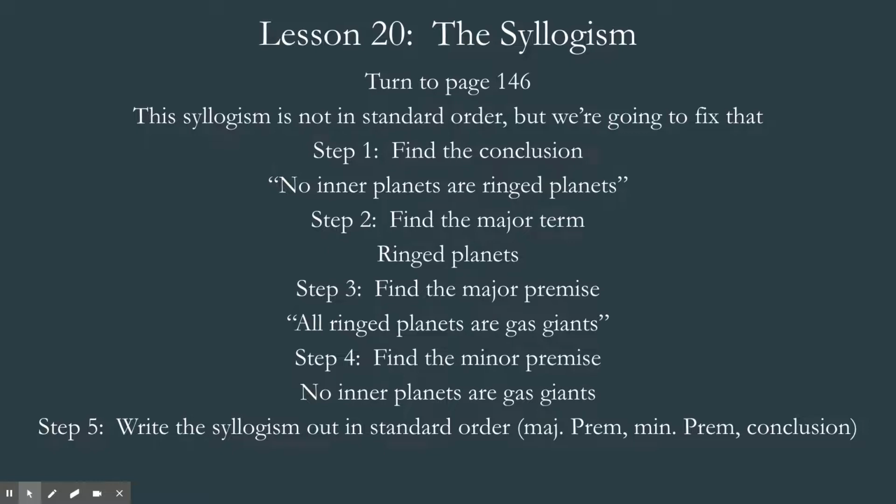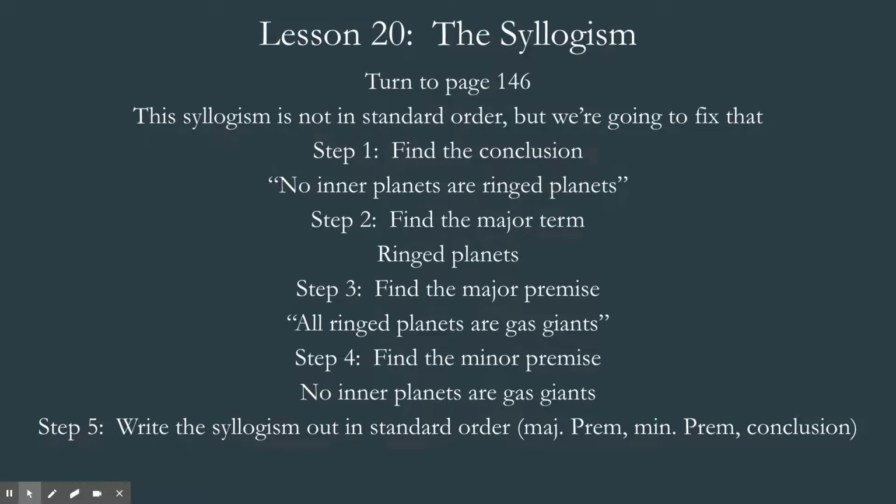The minor term is what, Sam? The minor term is calculus problems. And so, Jackson, process of elimination, what is the middle term? Study in infinity. Okay, so for number 1, major term is theology, minor term, calculus problems, middle term, study in infinity.